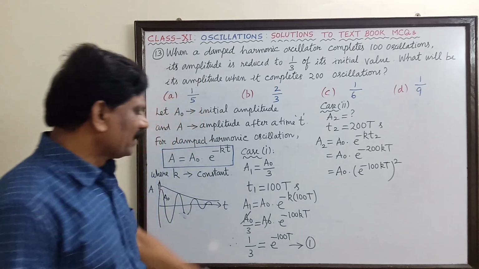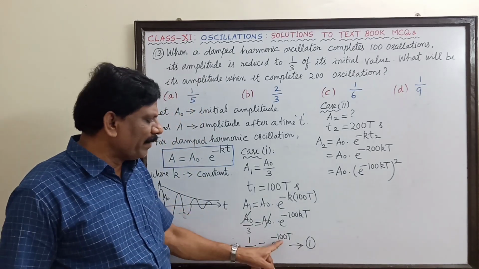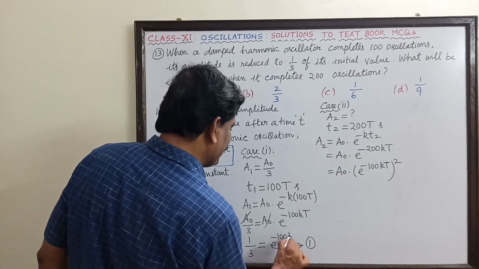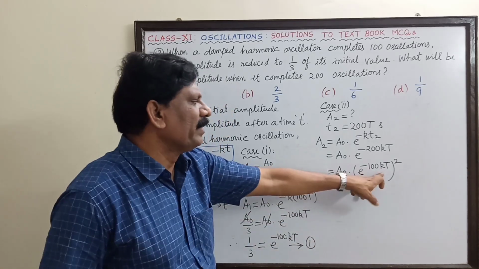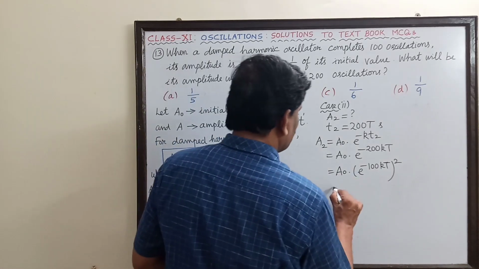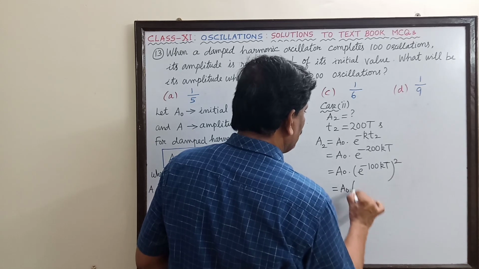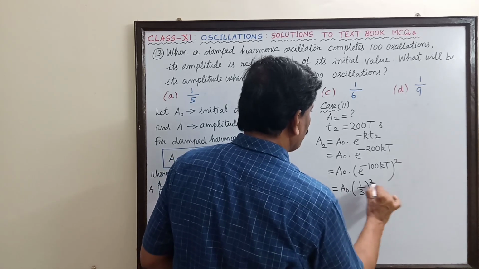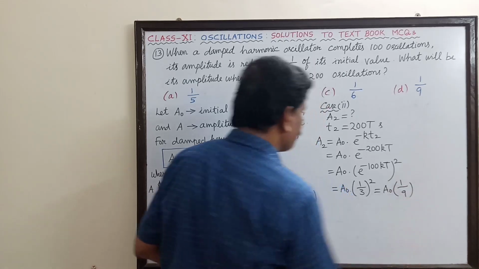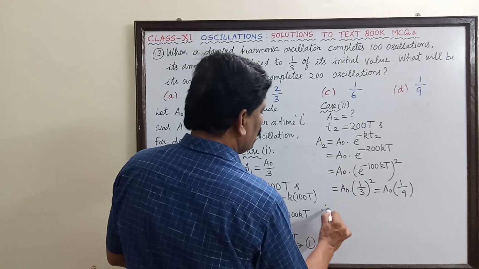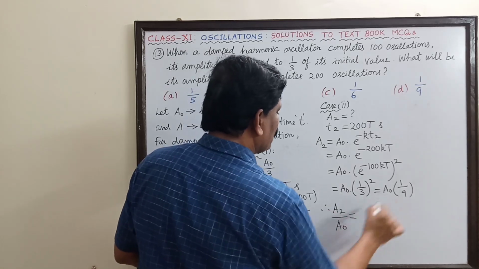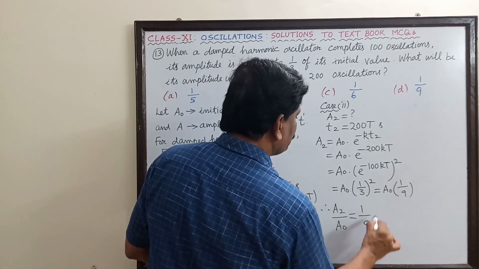But as per the first equation, in place of e power minus 100 kt we can substitute 1 by 3. So this is now equal to A naught into 1 by 3 the whole square, which is A naught into 1 by 9. Therefore A2 divided by A naught is equal to 1 by 9.